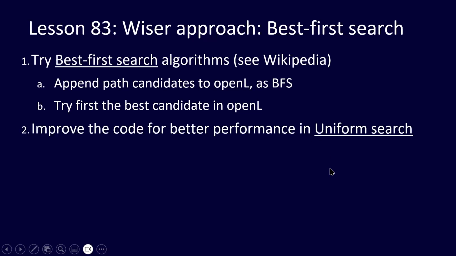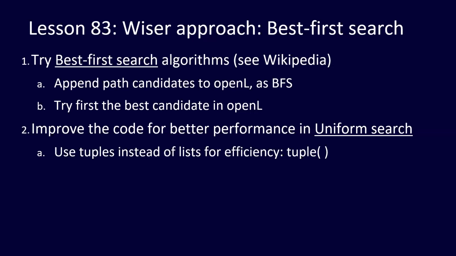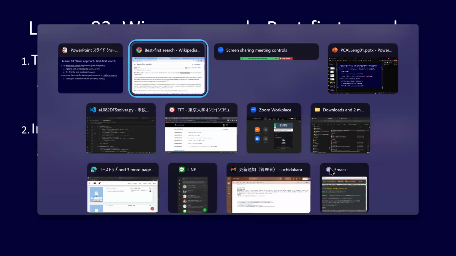So today we'll try first uniform cost search. This is a good way to go on to further better approaches. So improve the code for better performance in uniform search first. Okay, so let's make some improvements. Lesson 83.